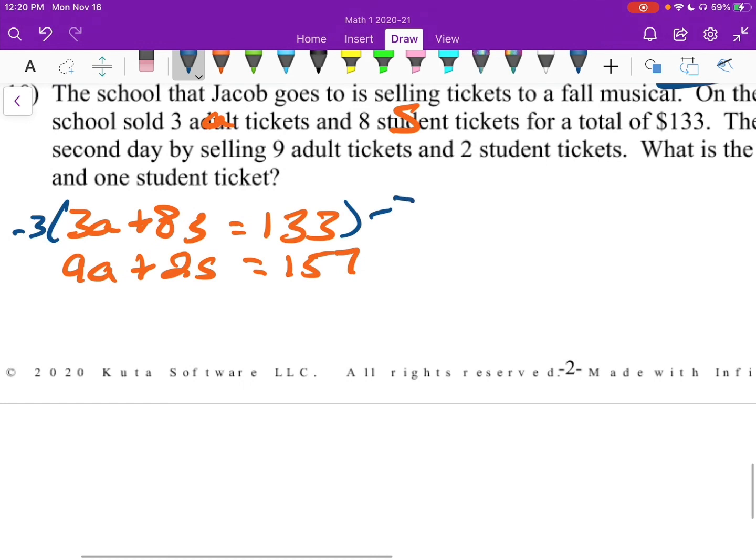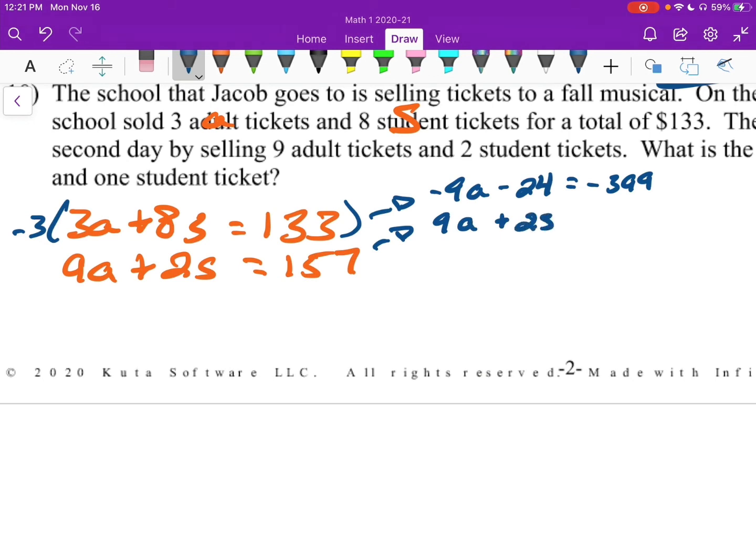I'll take it over. I'll say this is going to be -9a plus 8 times 3 is 24, I guess it'll be a minus 24s equals 133 times -3 is -399. The bottom one will stay the same. Oop, I forgot my s next to the 24.